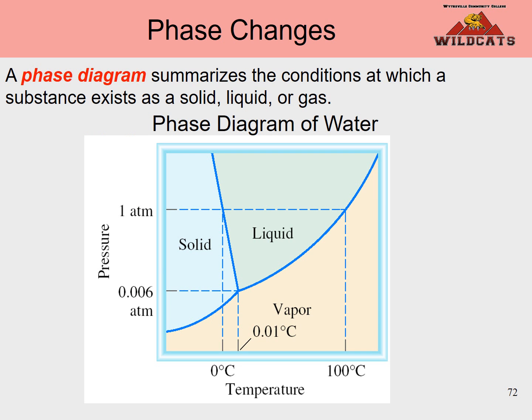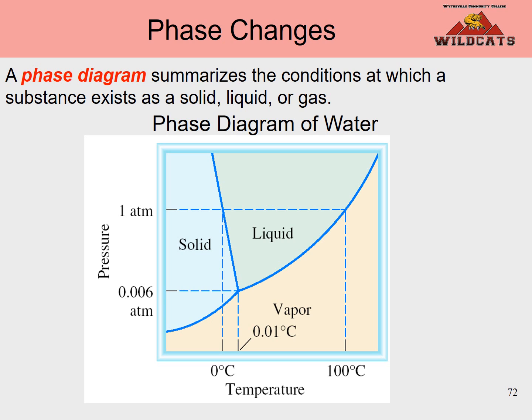Another way we can represent the phase change is what's called a triple point diagram. This is pressure versus temperature instead of time versus temperature. The interesting thing at the triple point is that all three phases are present.